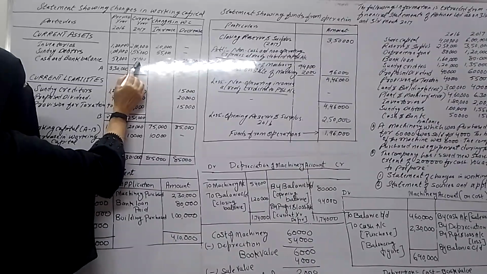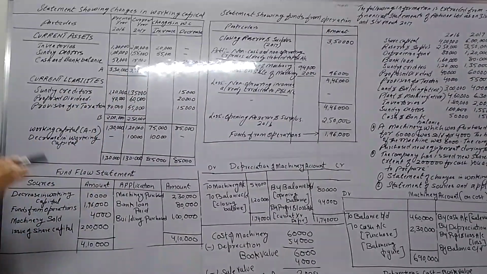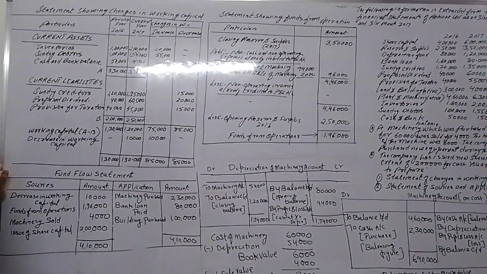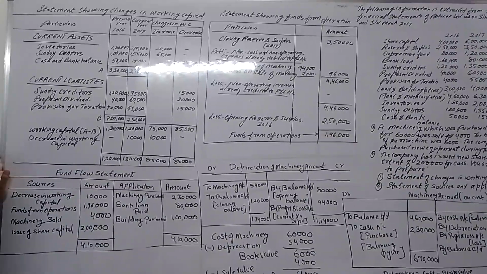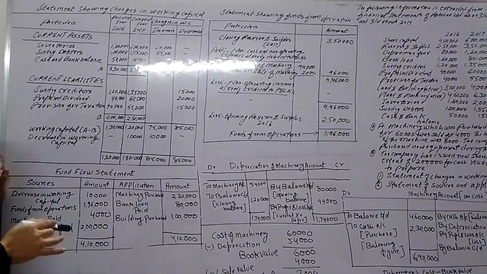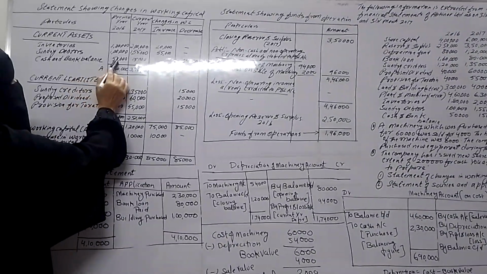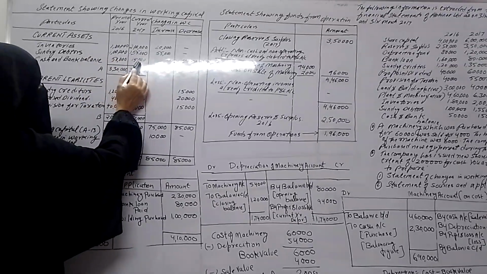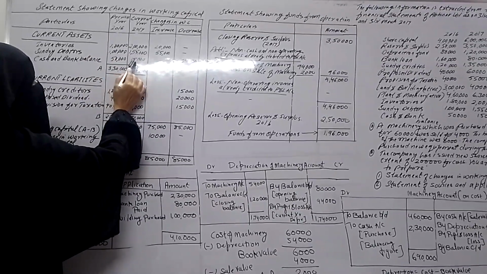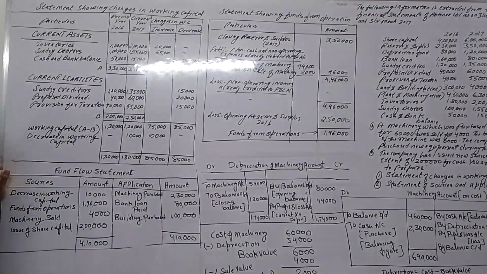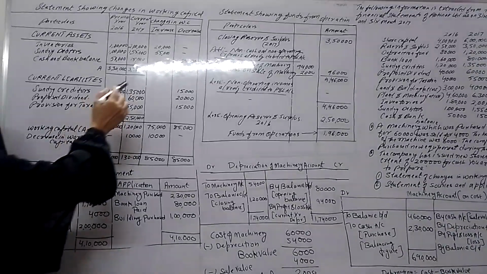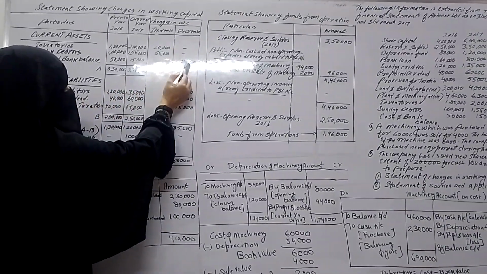In 2017 it is 15,000. Here in case of cash and bank balance, in 2017 it will decrease because in the first year it is 50,000, in the second year it is 15,000. So 50 minus 15, 35,000 is the decrease, and that decrease we will write in the decrease column.